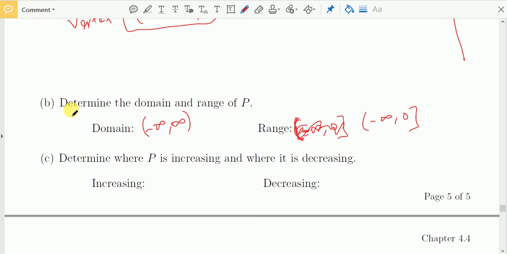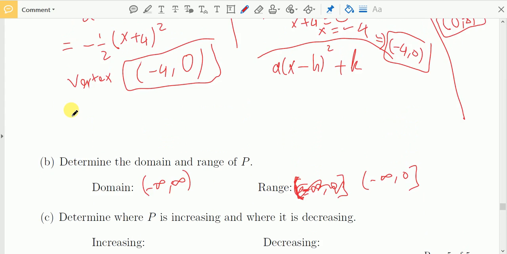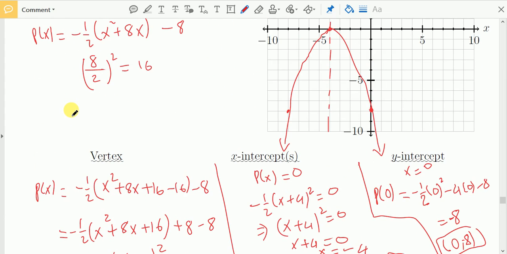And then C, determine where P is increasing and where it is decreasing. So increasing, you have all the way from the left until this point, right? And decreasing is from this point all the way to the right.